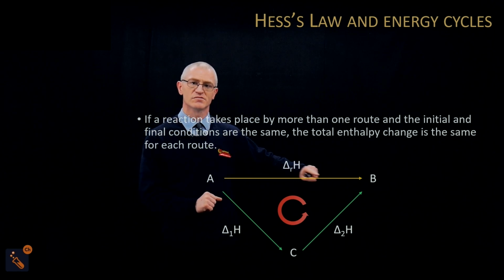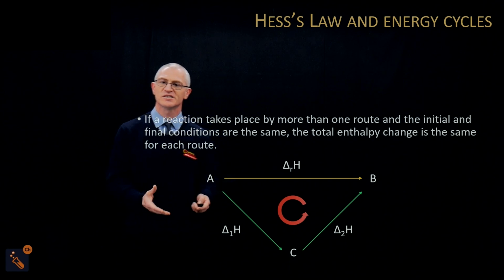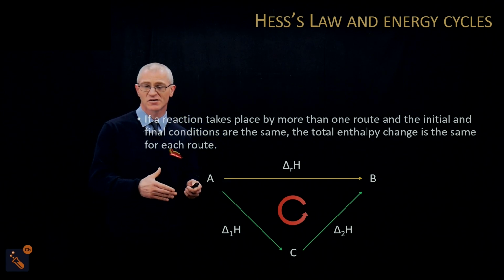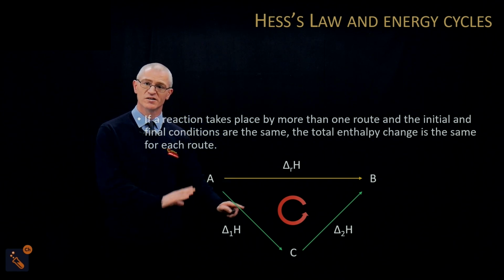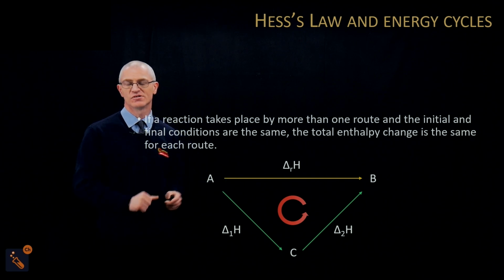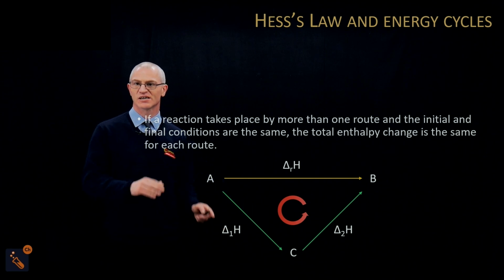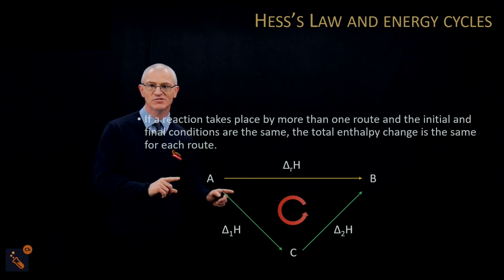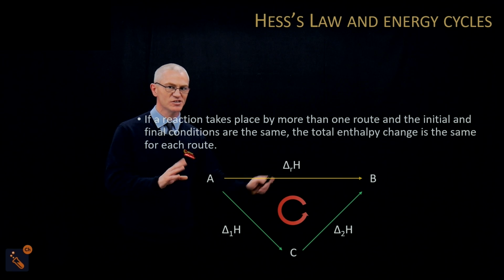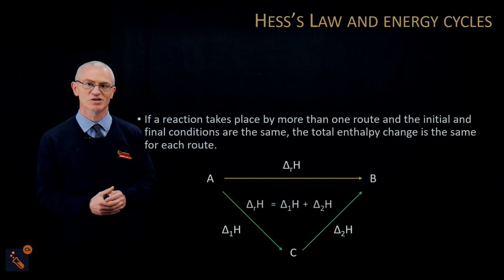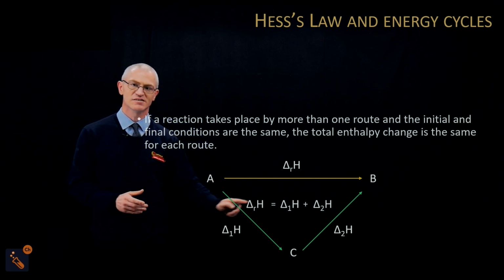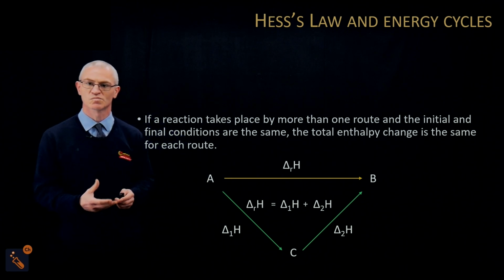This arrow is going in a clockwise direction. So they're going in opposite directions. So that means you could add 1 and 2 together and it will equal R. Okay, because if the enthalpy change of this is the same, you've just got to add the two together. If the arrows are going in the same direction, you can add them together. And that ends up in this expression here. So R is equal to 1 plus 2.